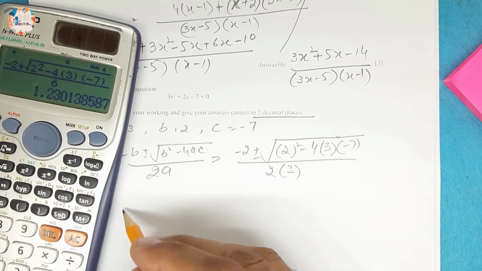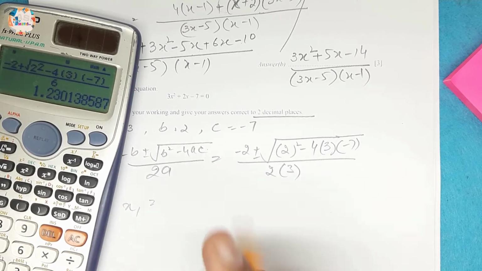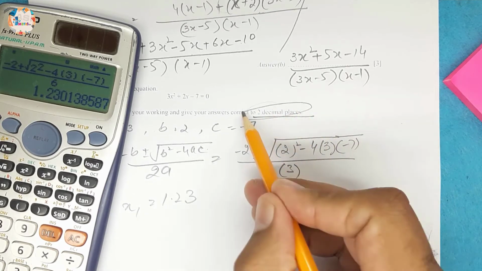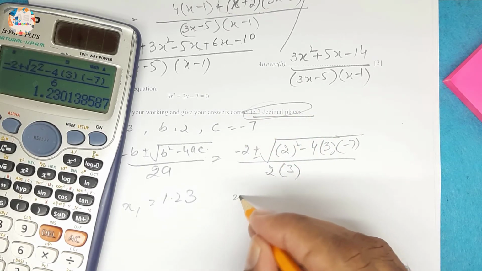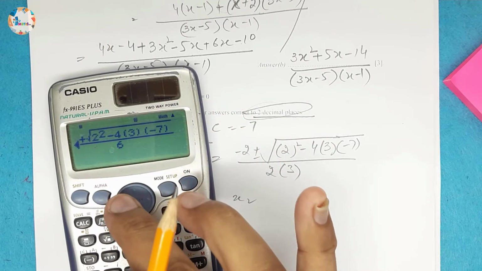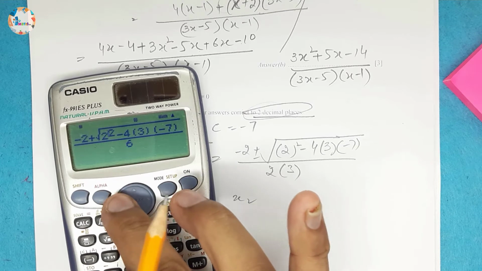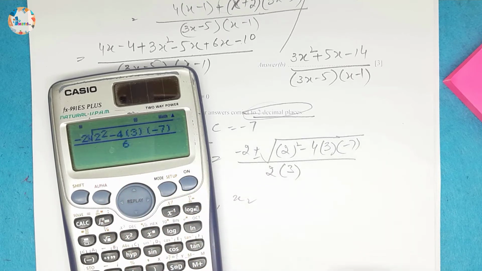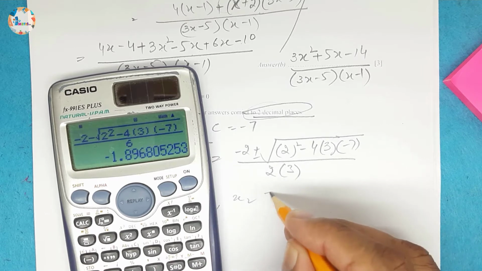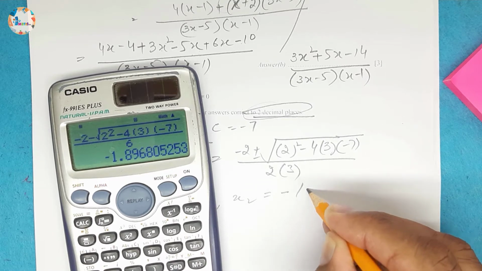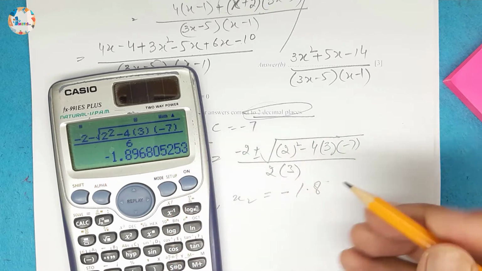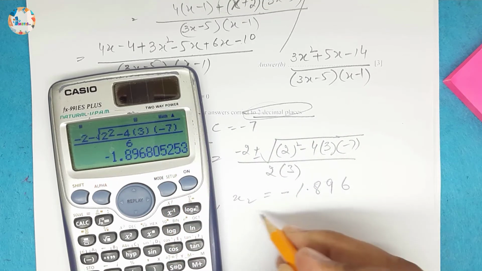So x1 will be equal to 1.23 up to 2 decimal places. And x2 will be negative. We change plus to minus in the quadratic formula, so this will be negative, resulting in this value, which is minus 1.896.